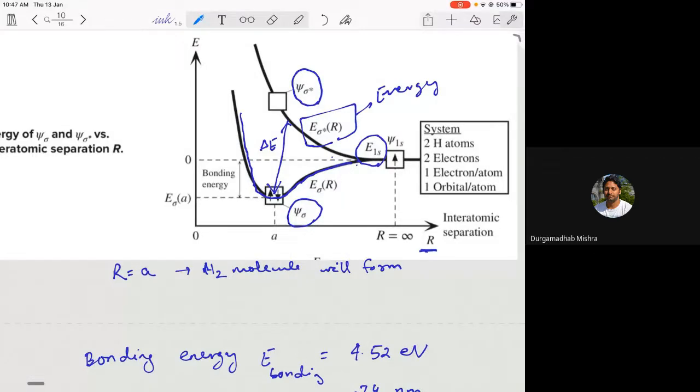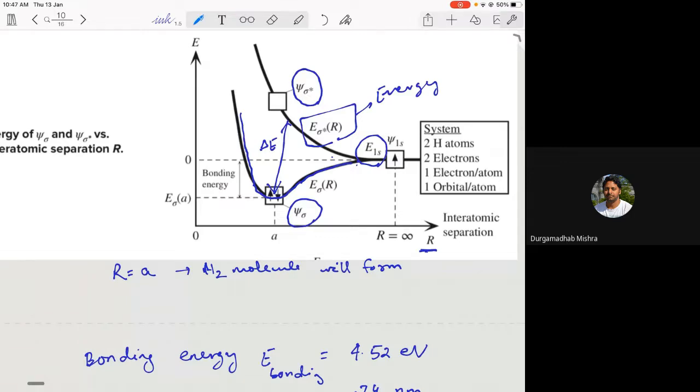However, if you want to bring the hydrogen atoms much closer beyond this equilibrium separation A, the situation is different and the energy will again increase because the repulsion will be too high.